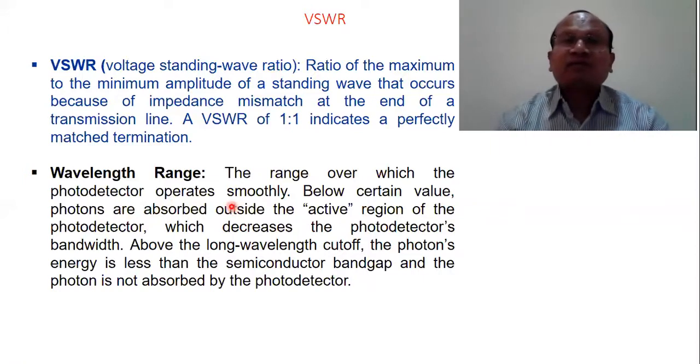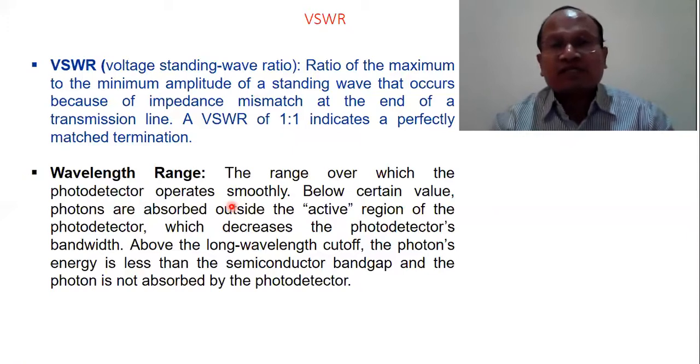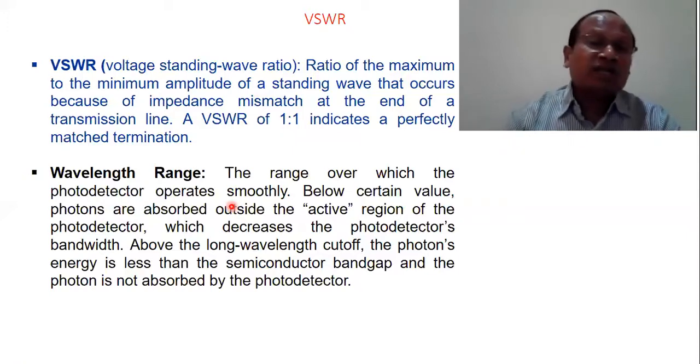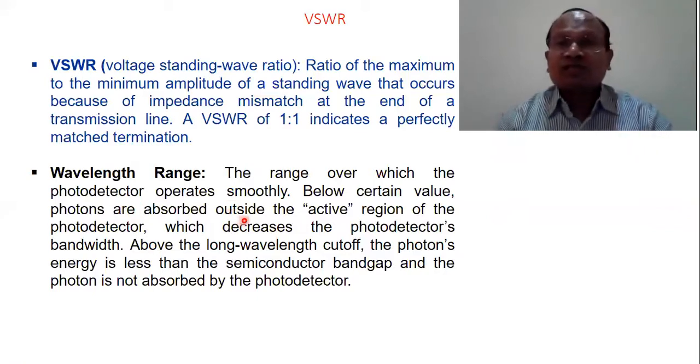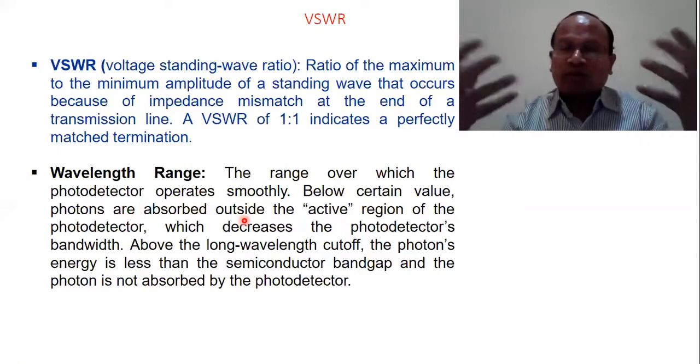We define the bandwidth in terms of wavelength as well as frequency. So what is the range of wavelength over which the operation of the photodetector is proper? Below and above, both are not desirable.